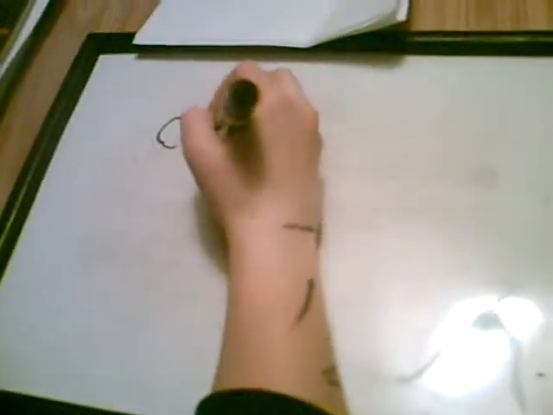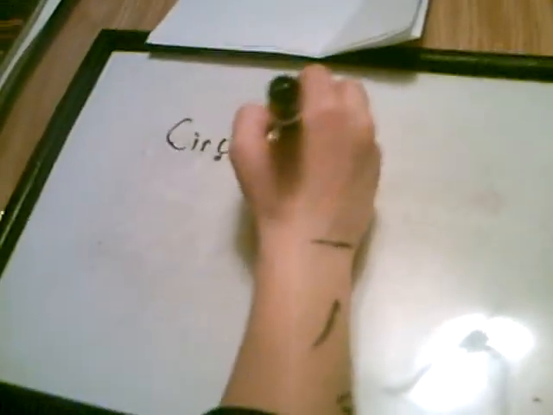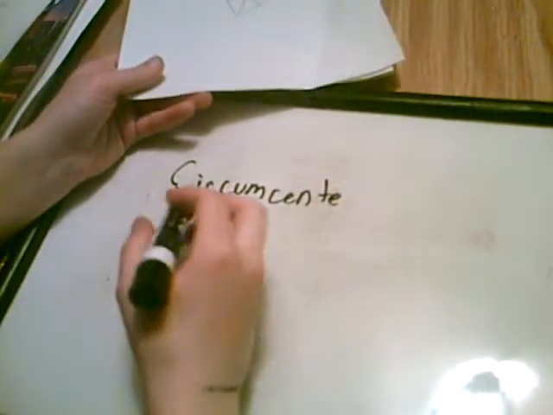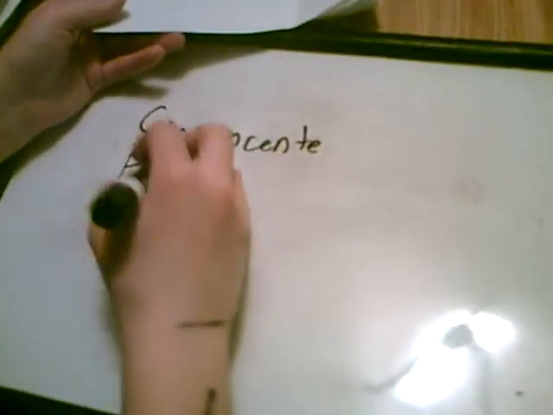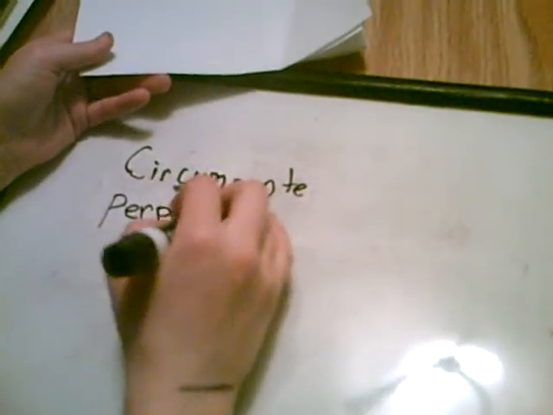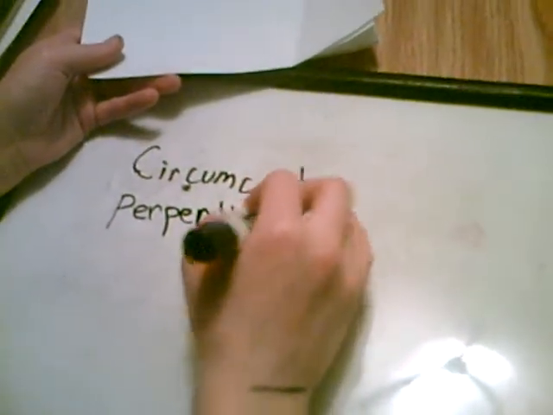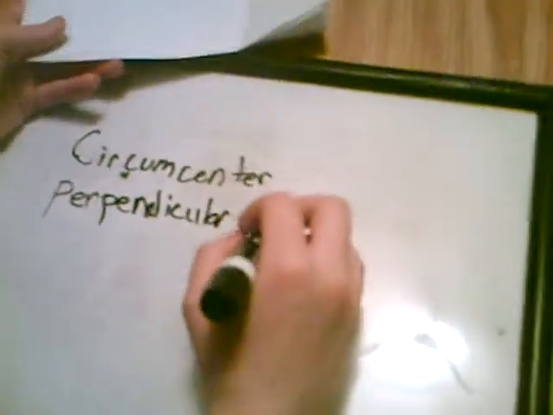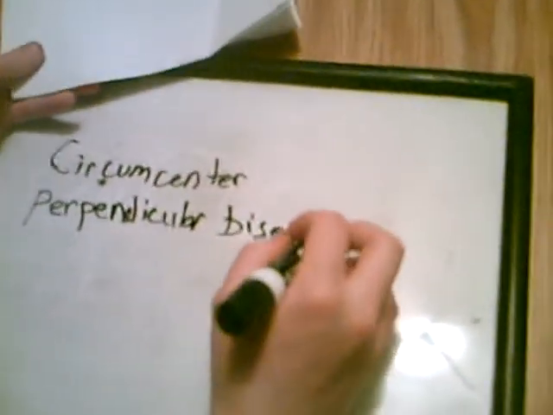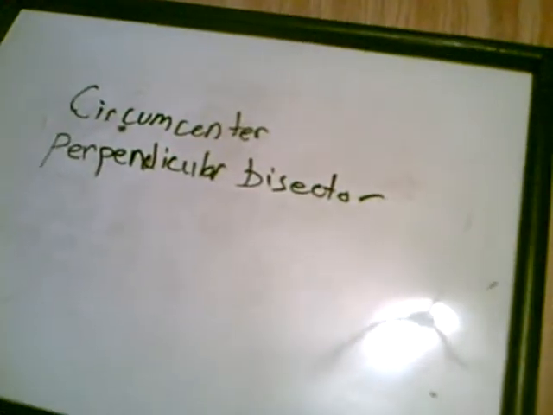Alright, now something about the circumcenter, which was the perpendicular bisector one, which happens to be this picture.